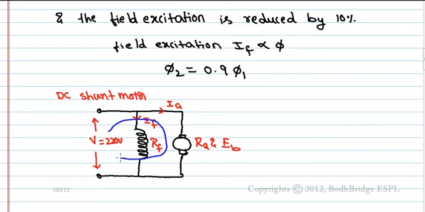From this loop, we can write V equals EB plus IA RA, where EB is the back EMF.